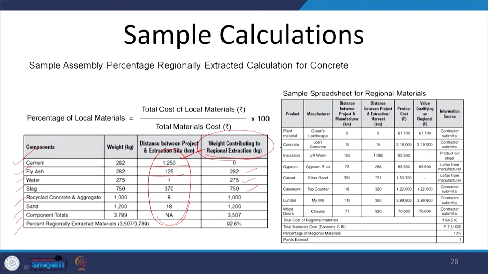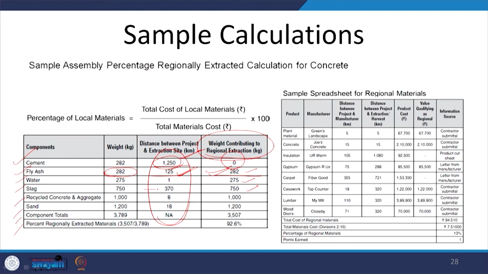So, here fly ash is procured from a site which is 125 kilometers from the project site. So, 100% of this weight will be taken towards the count. However, here we see that cement is brought from a manufacturing plant which is more than 400 kilometers from the project site. So, none of the weight of this is taken into account. So, it is taken as 0.